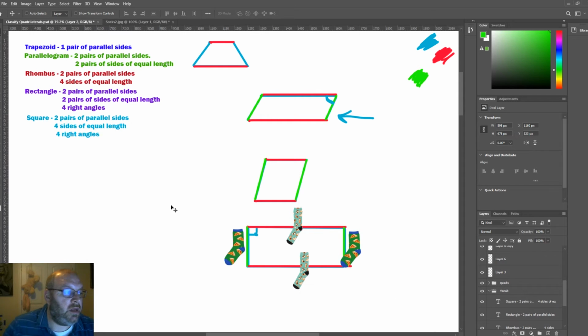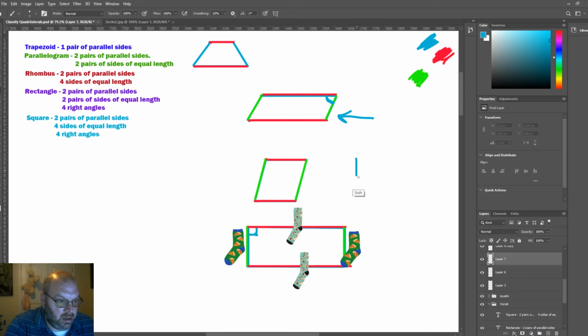Square. A square has two pairs of parallel sides, four sides of equal length, and four right angles. So let's draw us a square. Let's do this, and that's one side. So I need all sides to be equal.